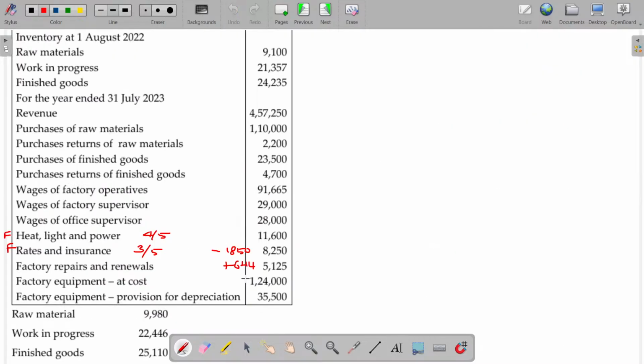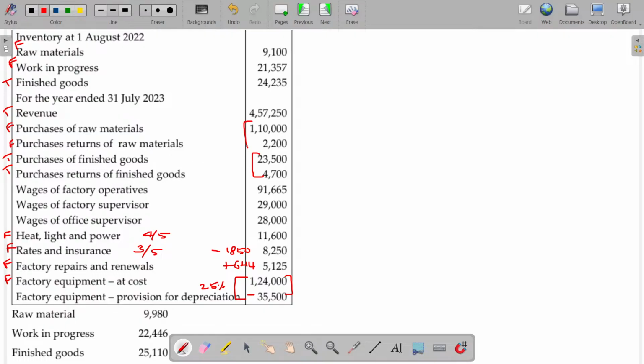From the cost you have to subtract this one, and on that 25% depreciation will be calculated. Raw material, factory; work in progress, factory; revenue, trading section; purchases of raw material, factory; purchases returns of raw materials, factory, so it should be deducted from the purchases; purchases of finished goods, trading section; purchases returns of finished goods, trading section, you have to subtract this one.